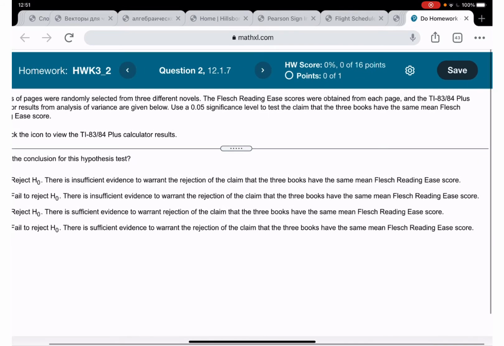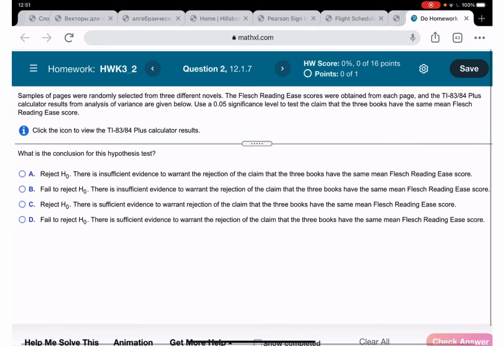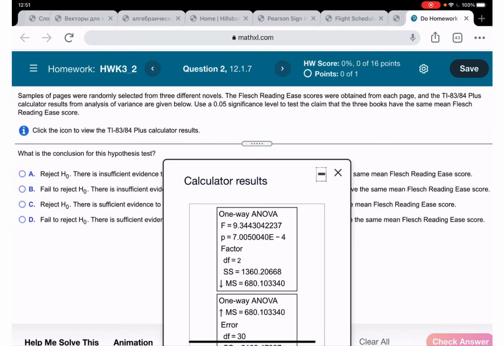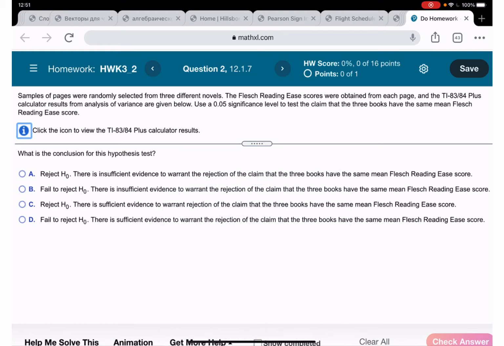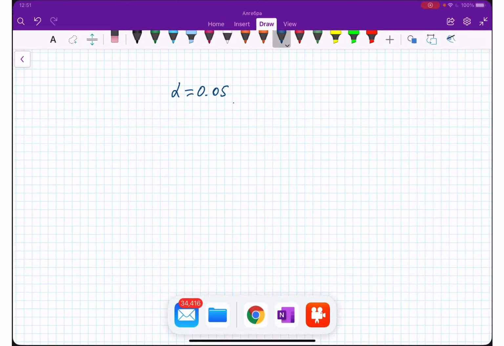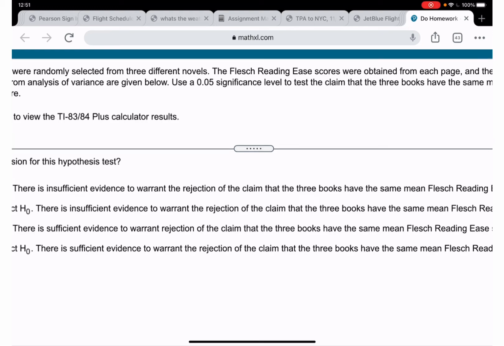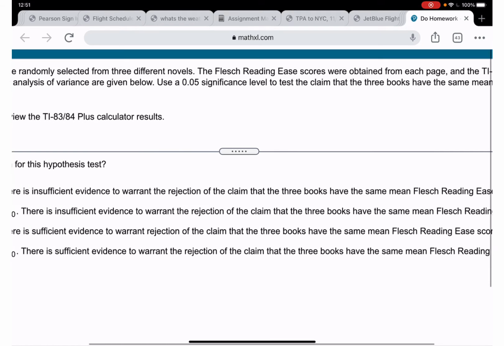The Flesch reading ease scores were obtained from each page, and from the TI-Plus calculator the results from analysis of variance are given below. Use a 5% significance level. I'm going to write down alpha equals 0.05. All right, to test the claim that the 3 books have the same mean.